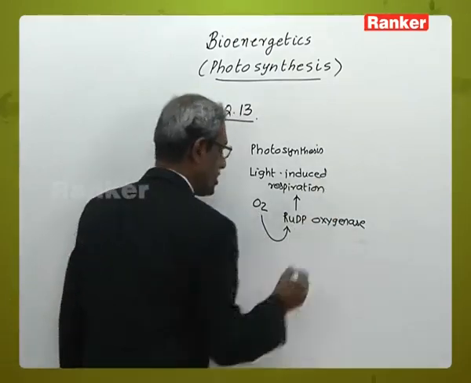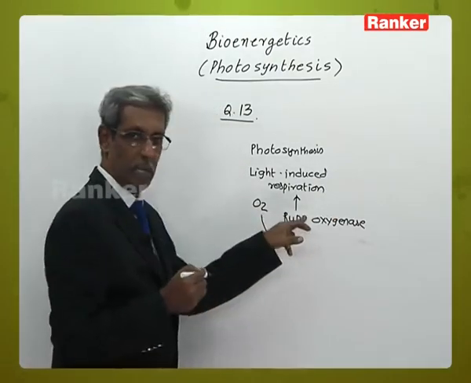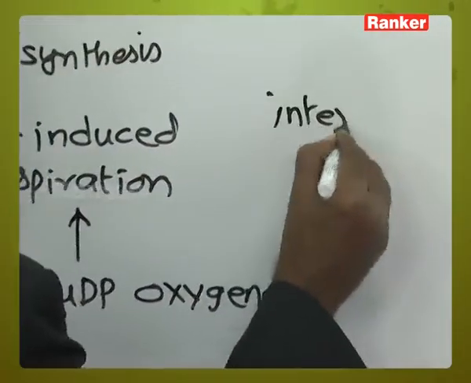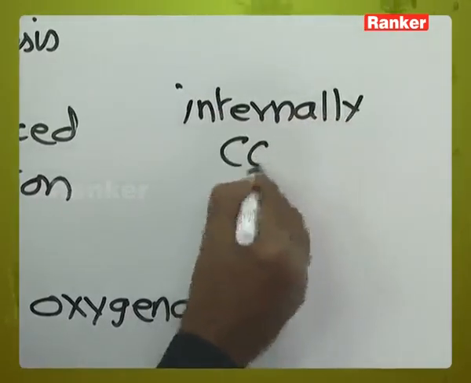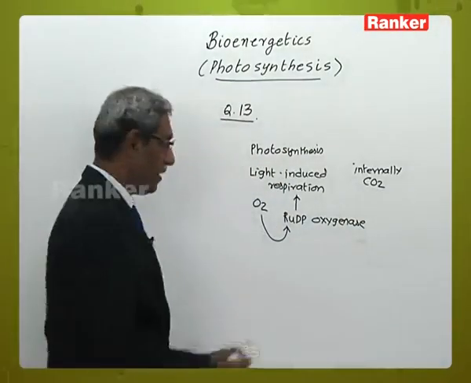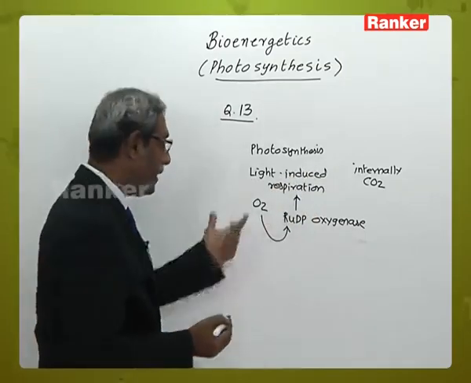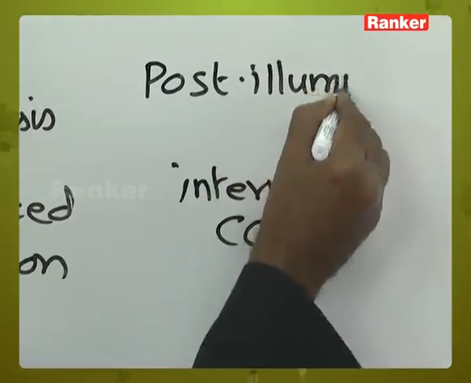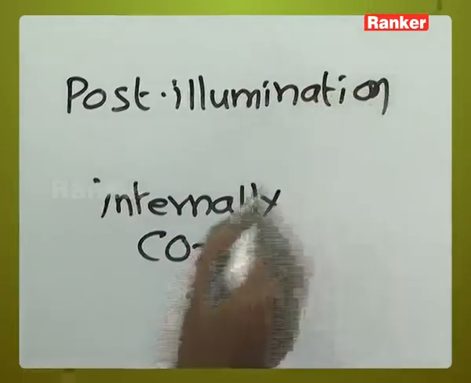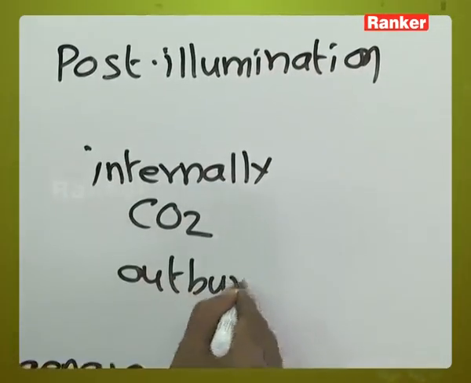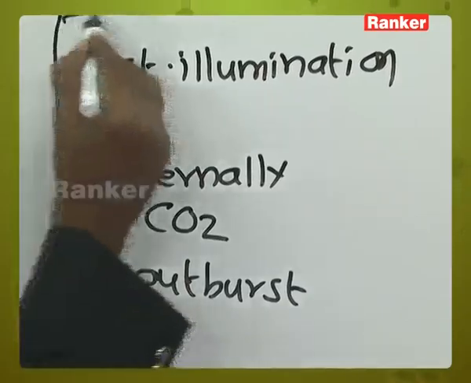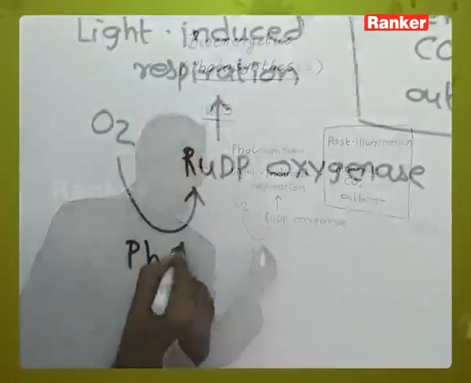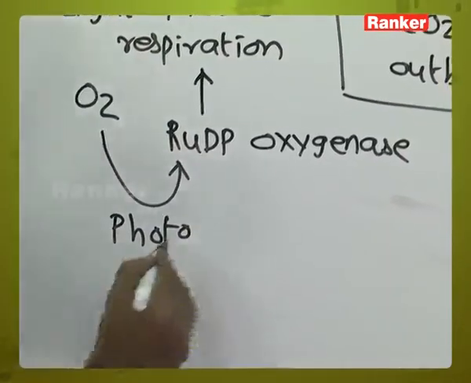Whenever there is light, there is oxygenation, and because of the process of respiration, internally carbon dioxide is generated. The generation of carbon dioxide after illumination is termed as post elimination. This is called an outburst. So, a post-elimination outburst of carbon dioxide is primarily attributed to a process which is termed as photorespiration.